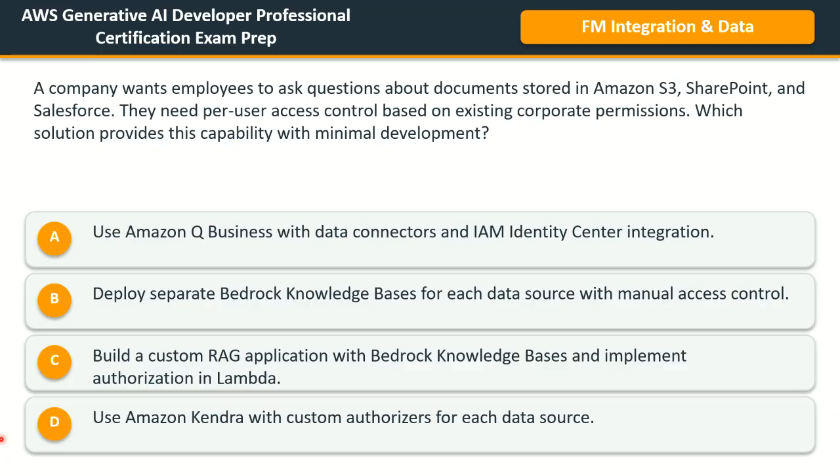Kendra can do this, but it requires more custom work than Q Business for the same use case. For enterprise GenAI with permissions, if you want minimal code and built-in ACLs, use Q Business. The correct answer is A.